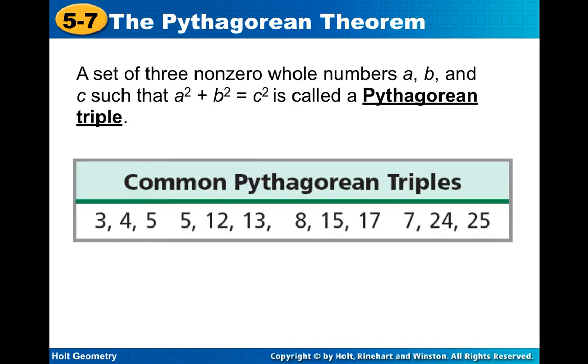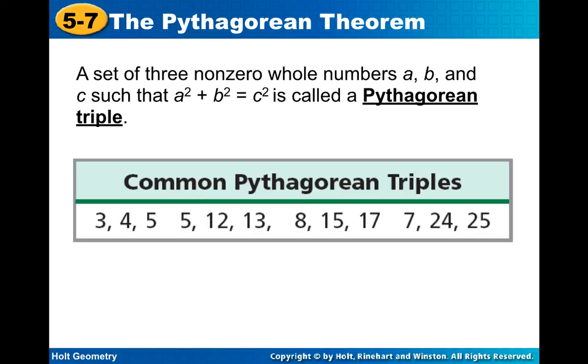Okay, Pythagorean triples. Okay, definition. It's a set of 3 non-zero whole numbers called a, b, and c, such that the equation a squared plus b squared does equal c squared. In other words, they work in that equation, and they don't have any decimals. They're whole numbers.